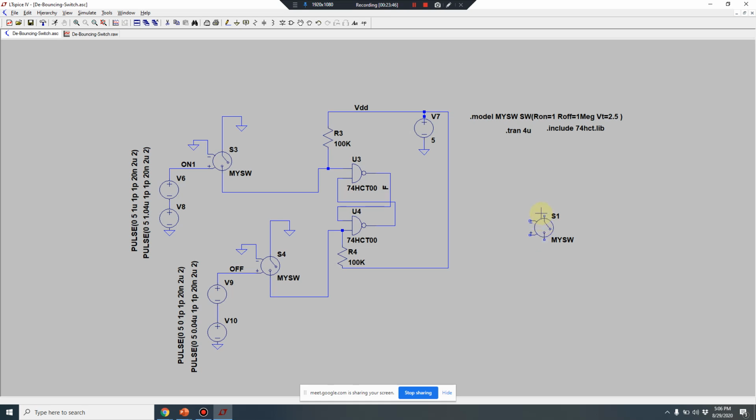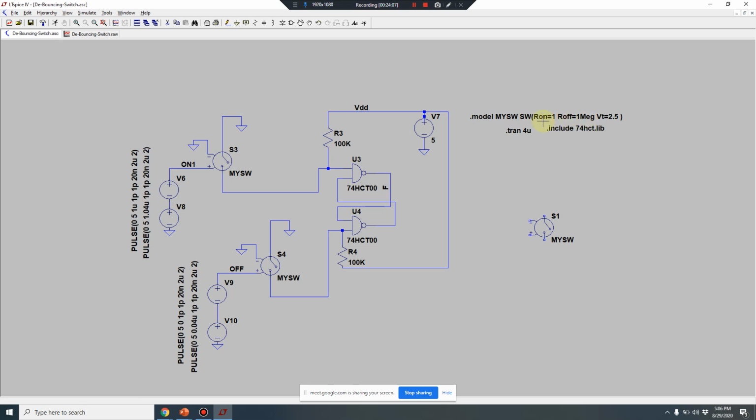So what is the net resistance between the terminals? I have written 1 mega ohm. It is a very, very high resistance. If it is a mechanical switch, you can have 0 and infinity, but if it is an electronic switch, then it will be 1 ohm and 1 mega ohm, or you can give 10 mega ohm or 100 kilo ohm.